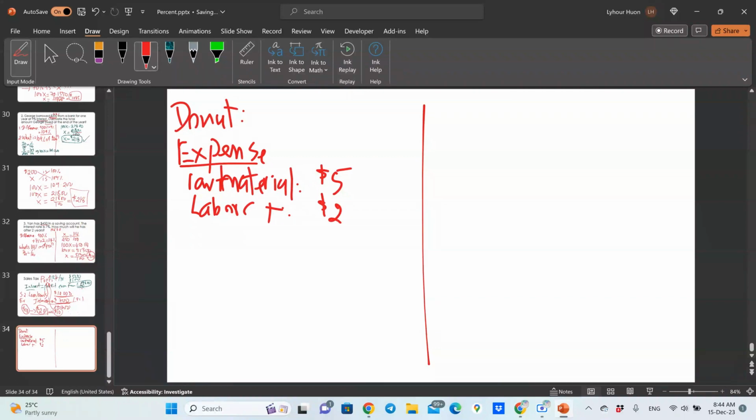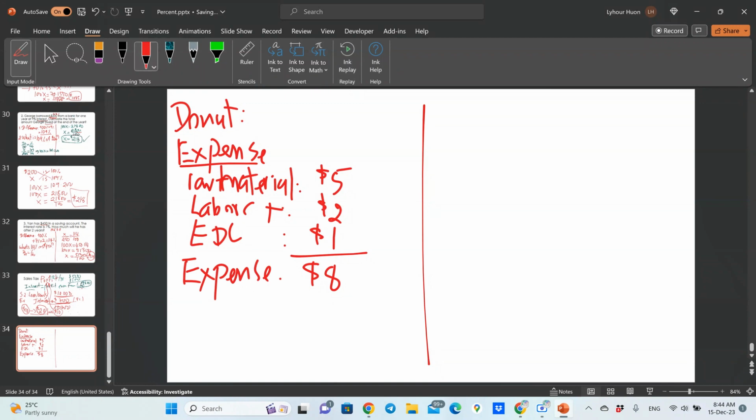And we also use electricity to run the machines, so electricity, let's say EDC, is another $1. So overall expense will be $8. This is all the expense.